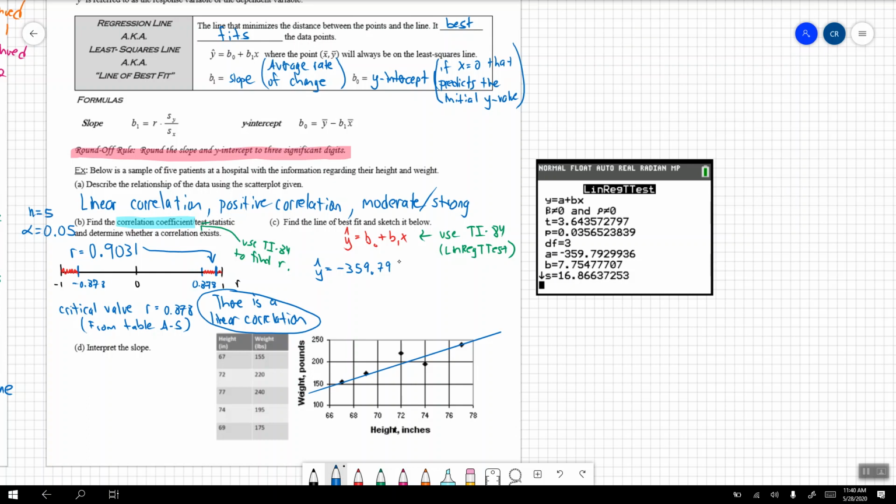All right, and then plus b1, well, b1 is my slope. That's my slope that I was defining. My slope on the TI-84 is denoted as b, which means my slope here is 7.75. 7.75, and then I need my x variable, and there we are. There is my linear equation.